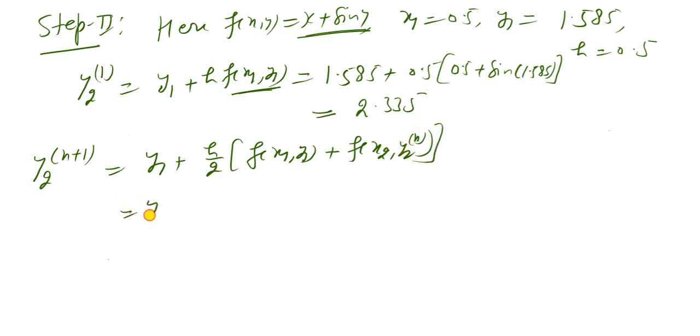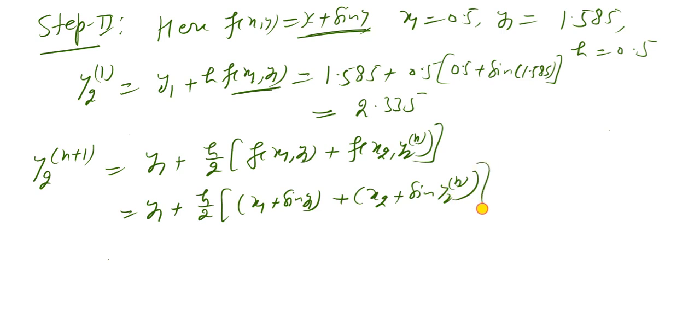So y1 plus h upon 2, this is x1 plus sin y1 plus x2 plus sin y2n. Say this is equation 2 and here n is equal to 1, 2, 3 and so on.